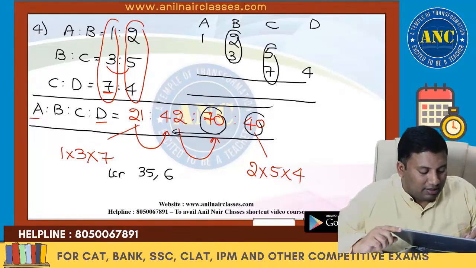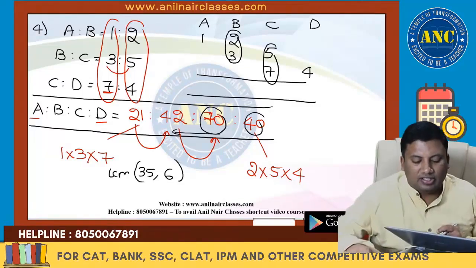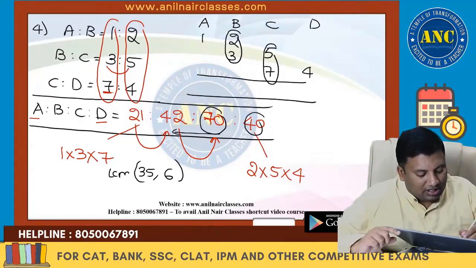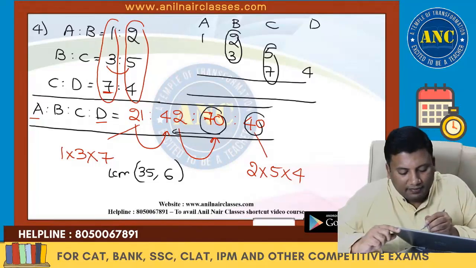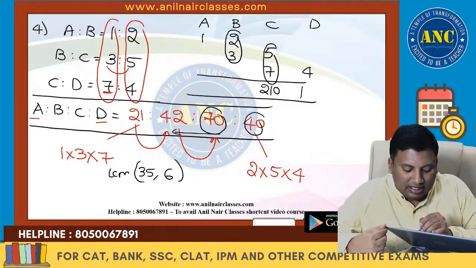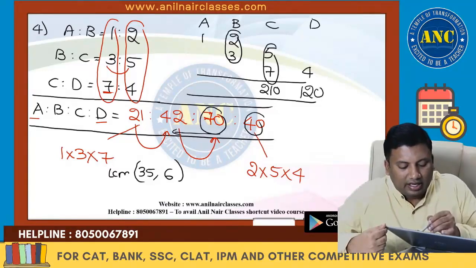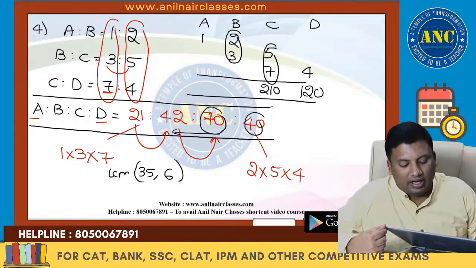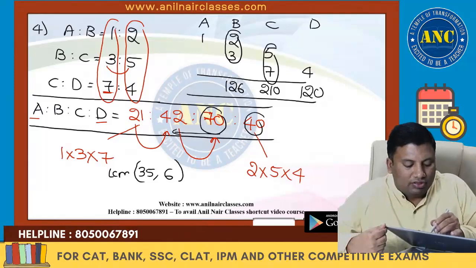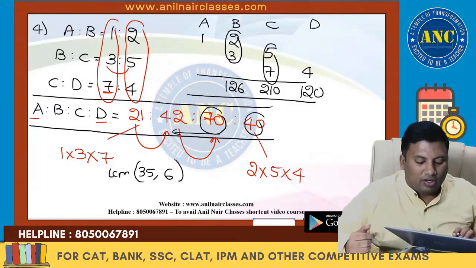Take the LCM of 35 and 6, which is 210. So if I take 210 here, 7 30s are 210, 4 30s are 120, 5 42s are 210, 3 42s are 126.